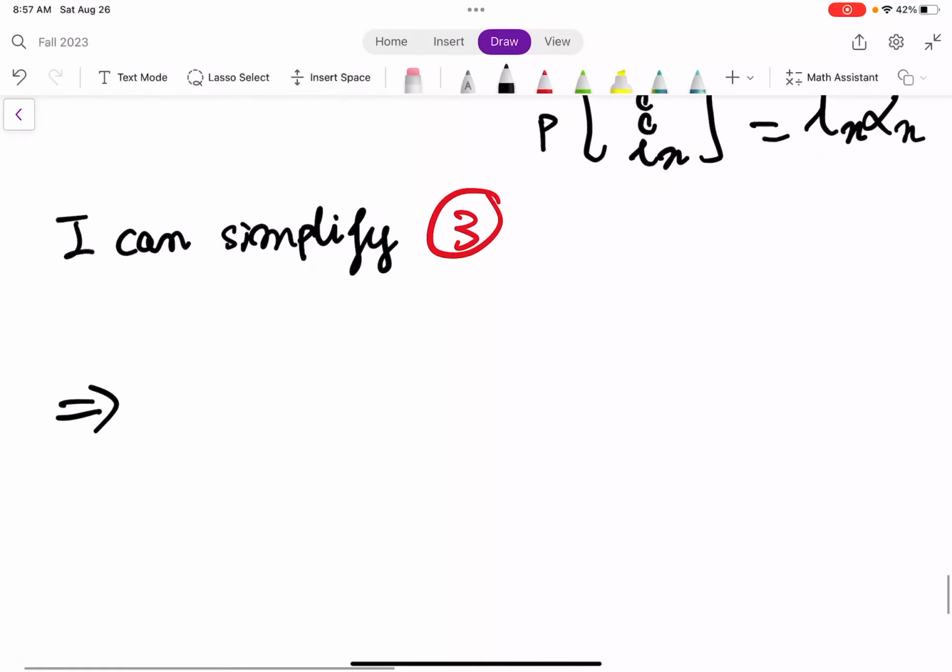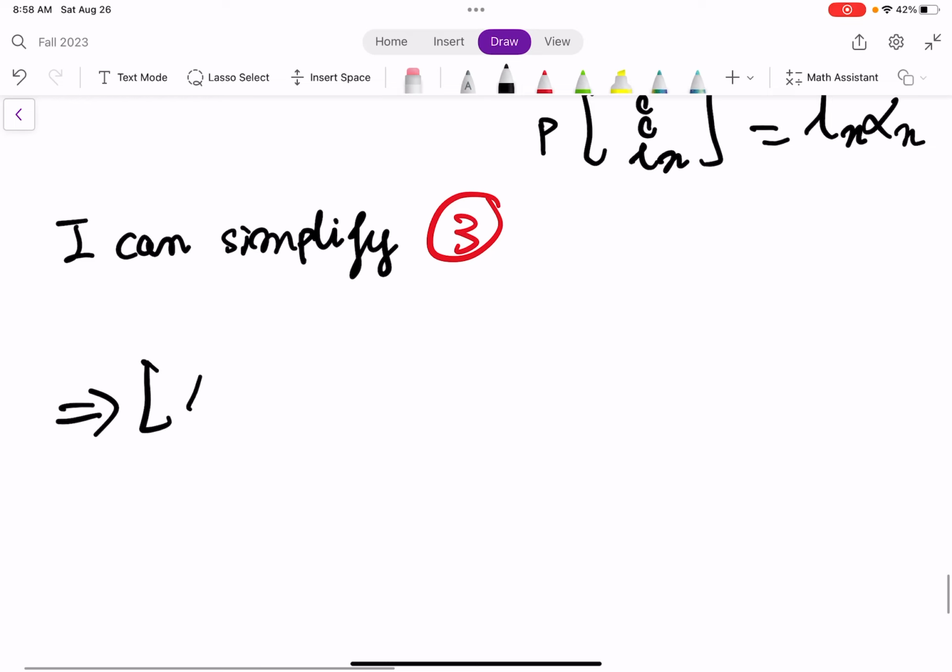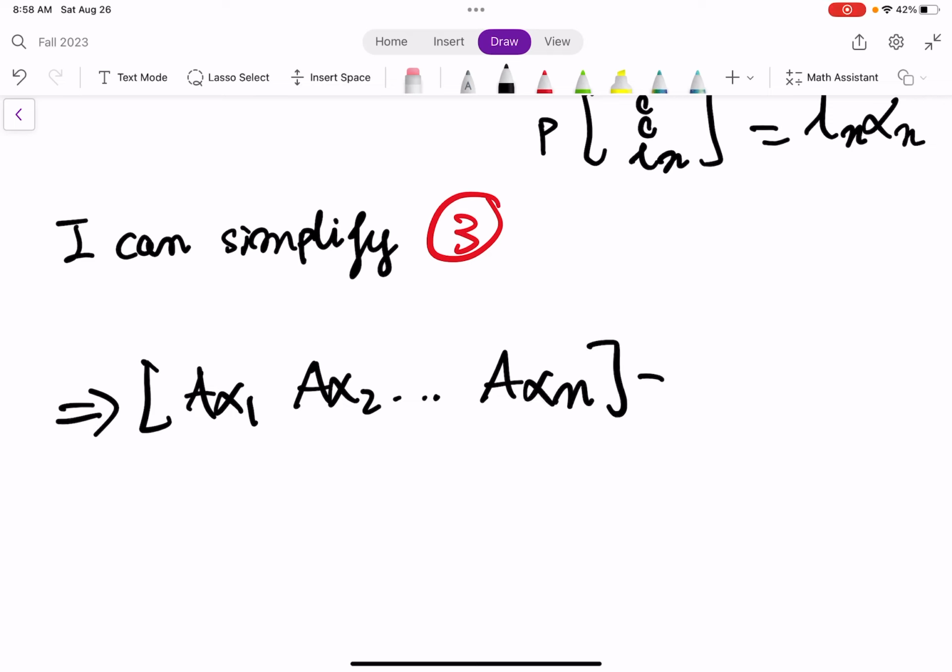Oh, okay, I got it. So A alpha 1, A alpha 2, A alpha n, all that will equal lambda 1 alpha 1, lambda 2 alpha 2, all the way to lambda n alpha n.